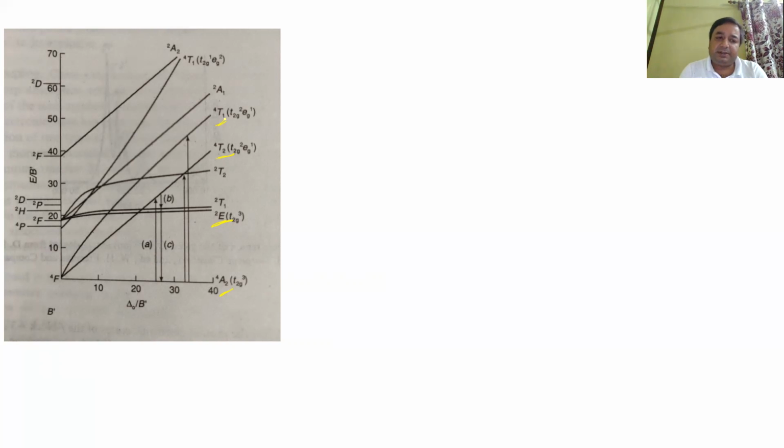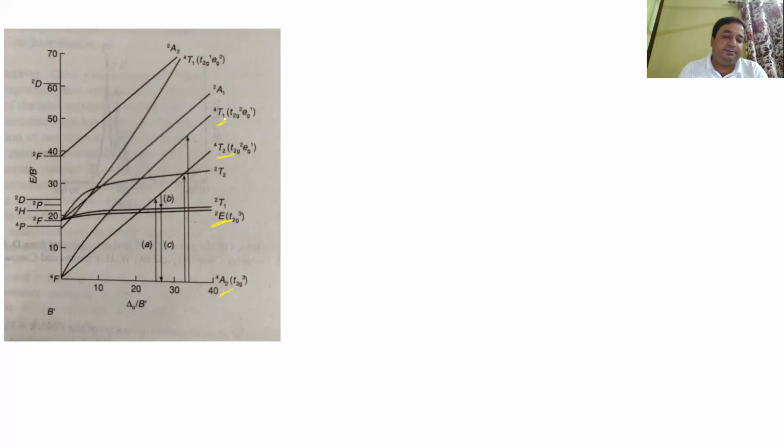Ruby is when chromium occupies sites of aluminium isomorphously in a crystal of Al2O3, which is corundum, and the color of the ruby is because of the presence of chromium. The more chromium is present, the more the color goes towards red, also called pigeon blood red. If there is less chromium, the color goes to the pink side.